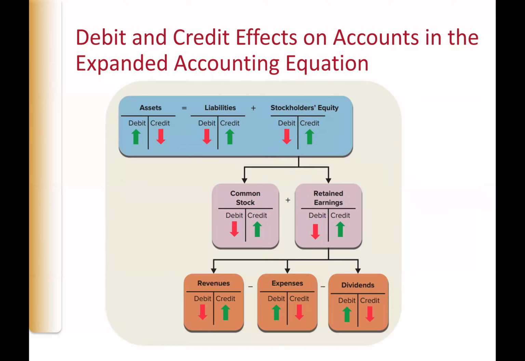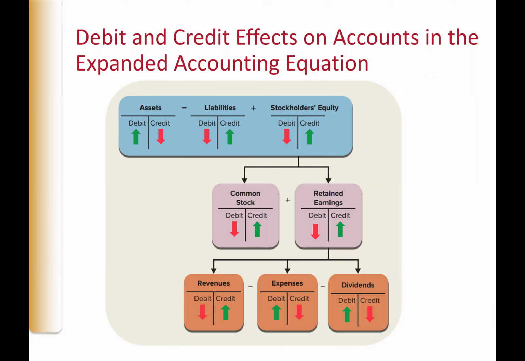This kind of expands. Remember, retained earnings increase with credits and decrease with debits. But this is also important. Revenues increase retained earnings. So revenues will increase with credits and decrease with debits.